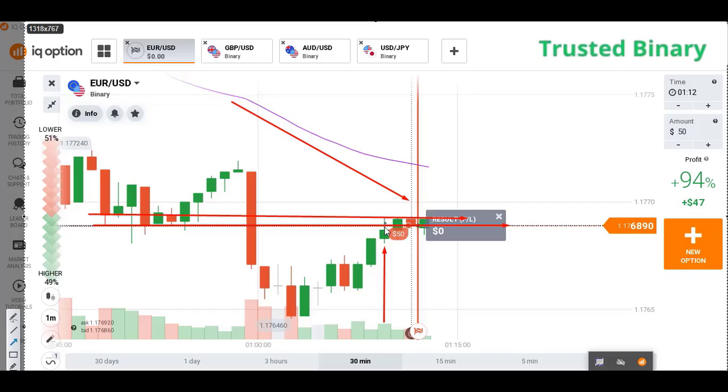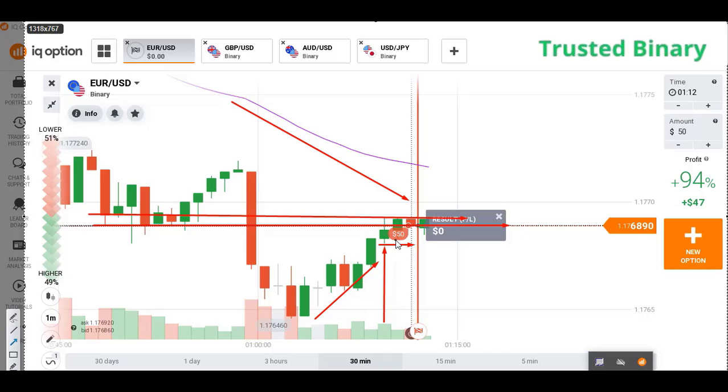So in this candle, the sellers already entered in these wicks, but it's a strong uptrend here. There is also buying pressure below this level, from this level.